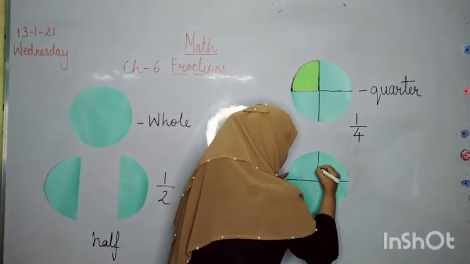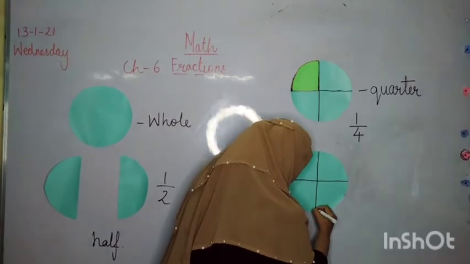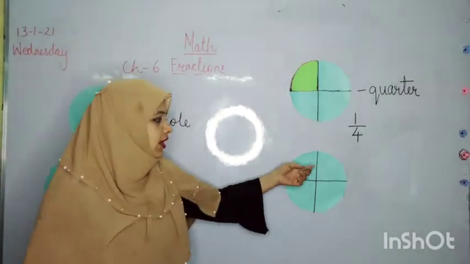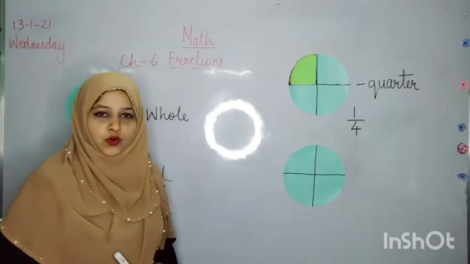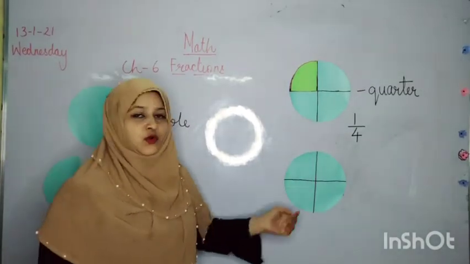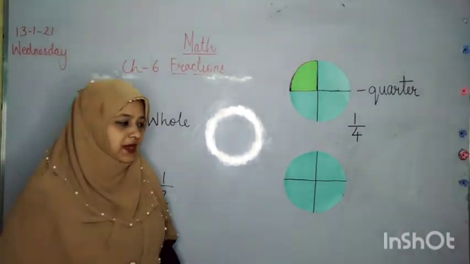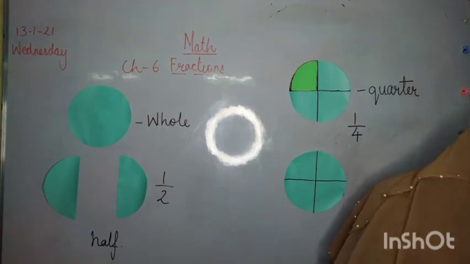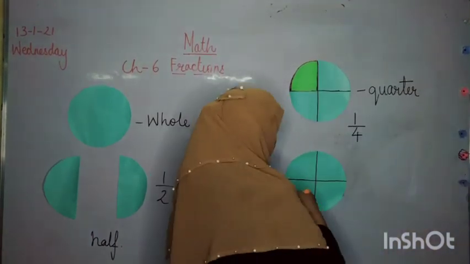Here again we will make 4 equal parts. Now I got 4 equal parts. 1, 2, 3 and 4. But from these 4 I want only 3 parts. For that, what will I do? I will shade it. Okay? I will shade it.